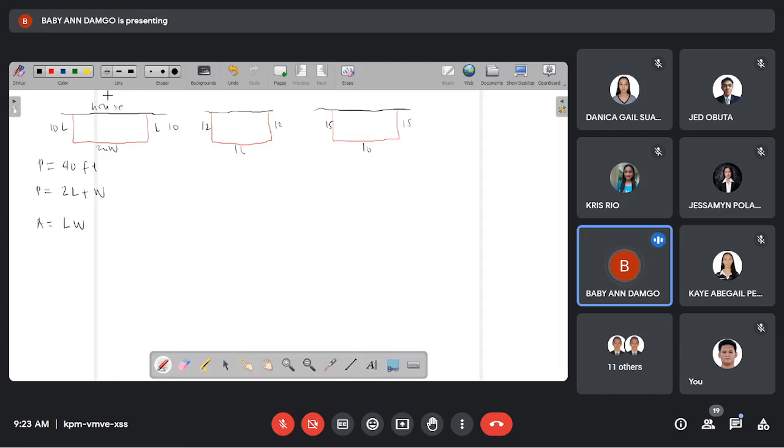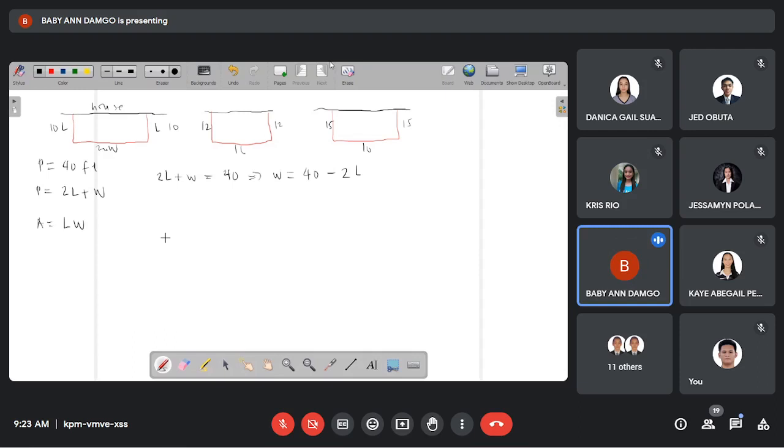So we have here, let's make the equation. We will substitute into the area. So we have 2L plus W is equal to 40. Write this in terms of W. So W is equal to 40 minus 2L.